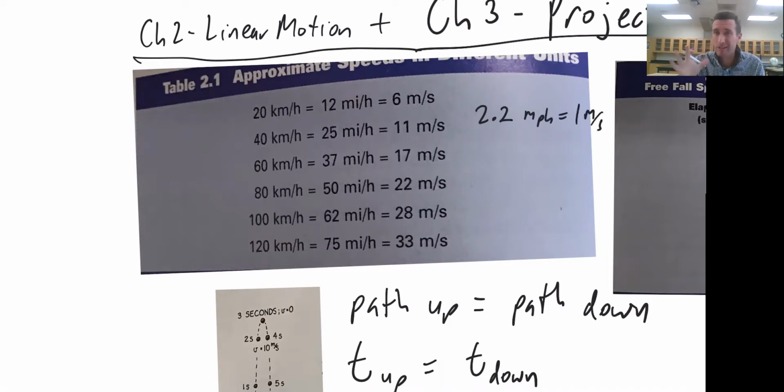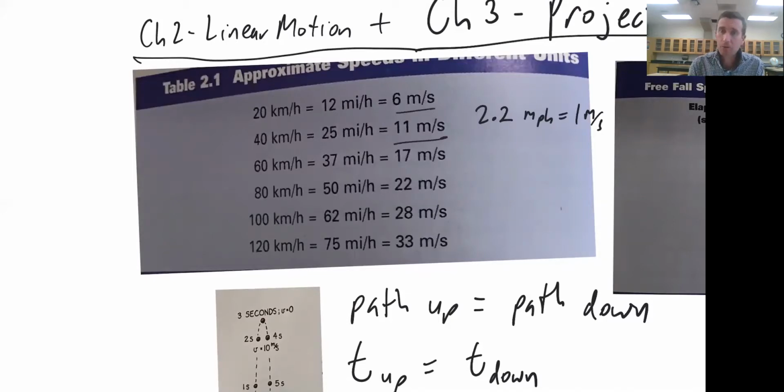Now, that's not precise, but it's a good enough estimate where you can double it, add a little nudge, and you're pretty much there. So for example, if I got 6 meters per second, double it, 12 miles an hour. I didn't add the nudge there. 11 meters per second, double it would be 22.